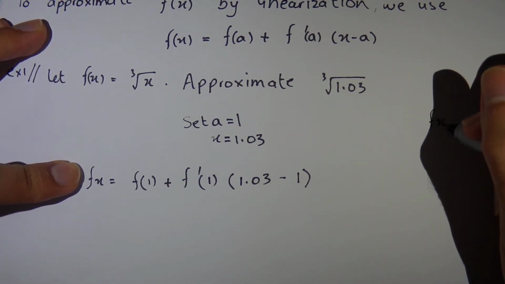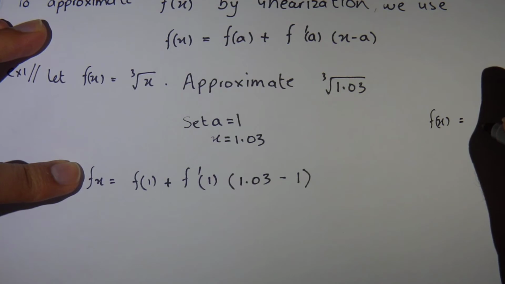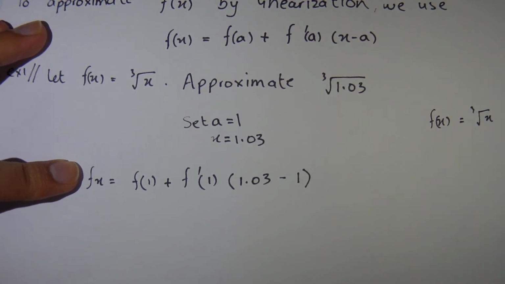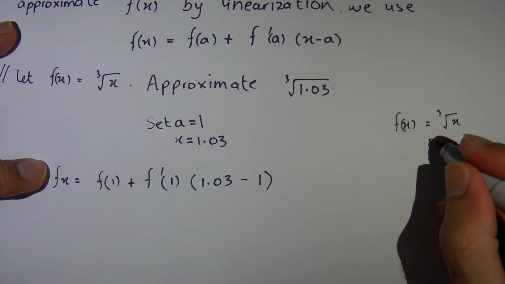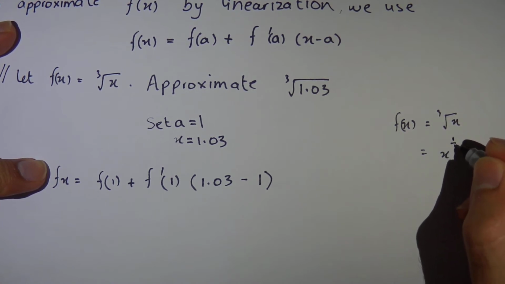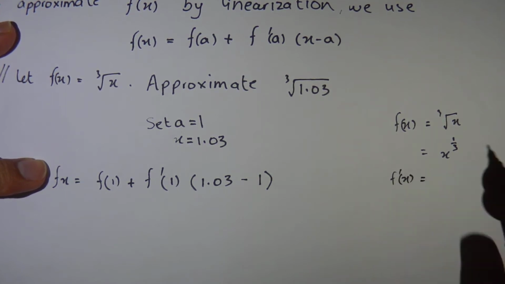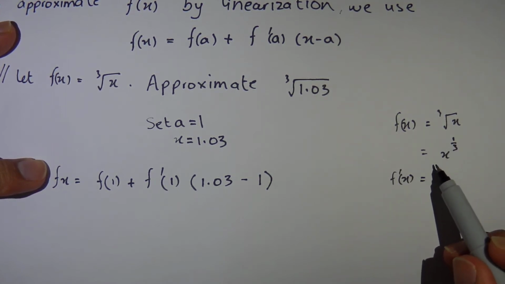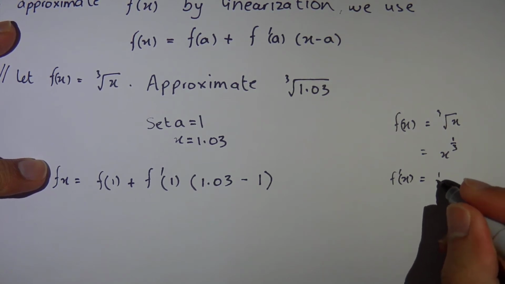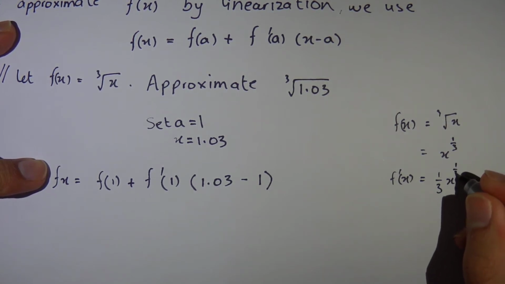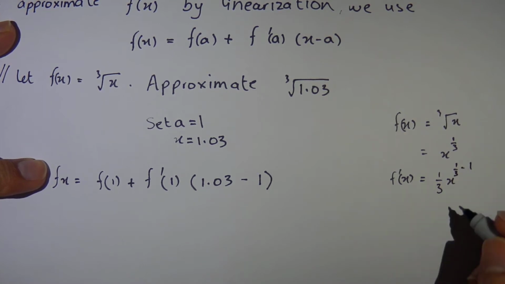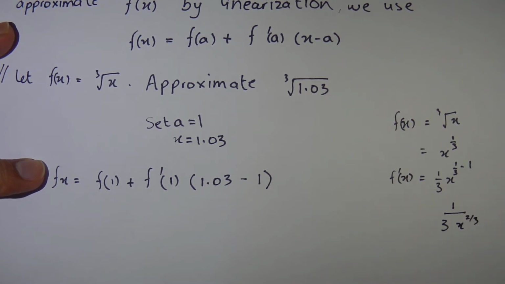So if f of x is equal to the cube root of x, to find its derivative, we'll first convert it to a power function just to simplify it. And then for f prime of x, it should be pretty straightforward. We bring our power down, subtract it by 1. So 1 over 3 x, well, to the power of 1 over 3 minus 1 would leave us with 1 over 3 x to the power of 2 over 3. I did skip a couple steps there, but this should be straightforward, really.